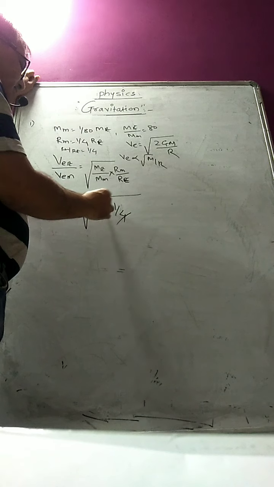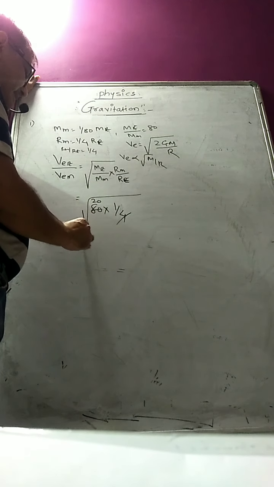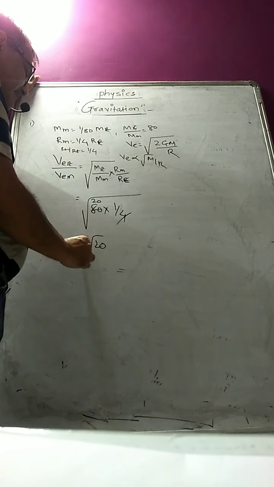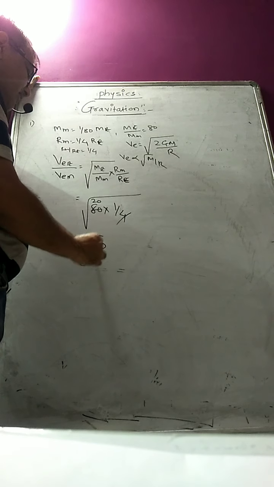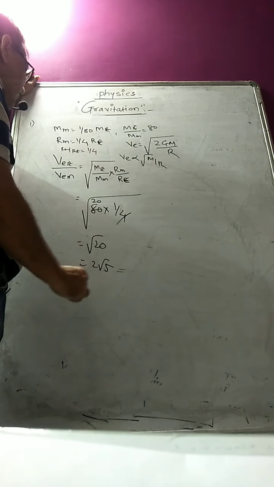So 4 ones are 4, 4 twos are 8, root 20. And what is root 20? 4 fives are 20, so it is 2 root 5.